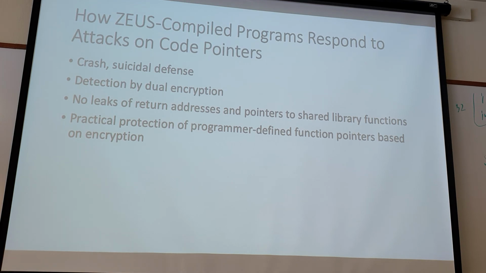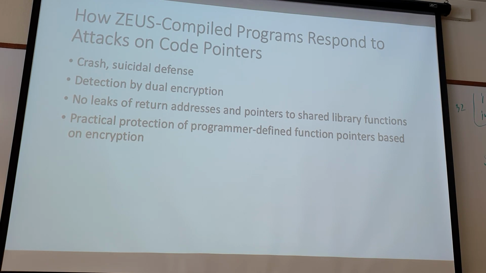Detection is an option in Zeus by dual encryption. We can encrypt the code pointers with different keys, and when we dereference the pointer, we decrypt it again and compare the two. If there is an attack, there is a difference between the two pointers, which should be the same.